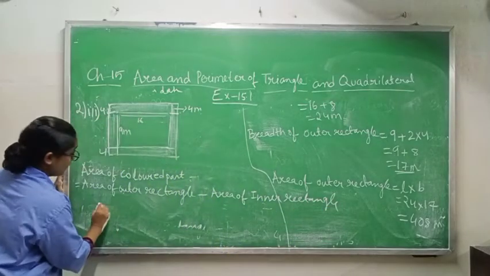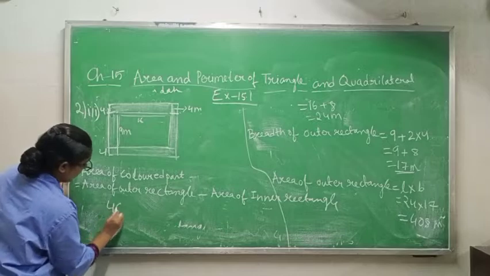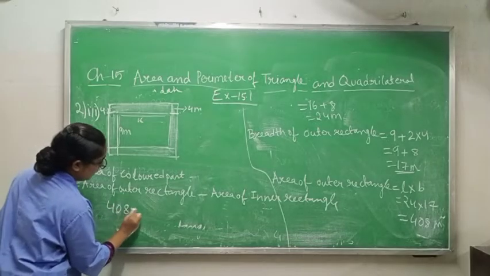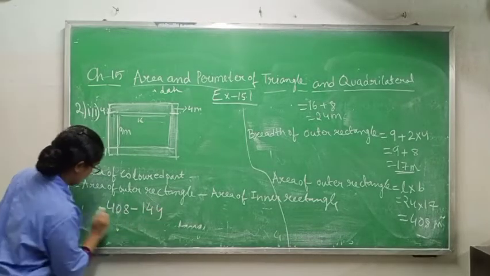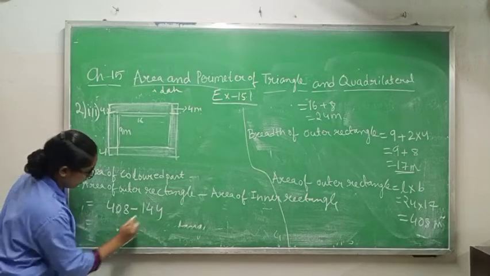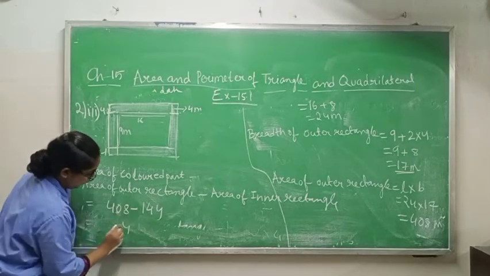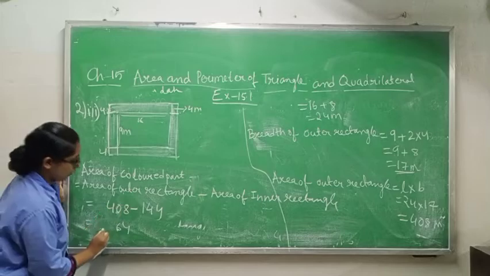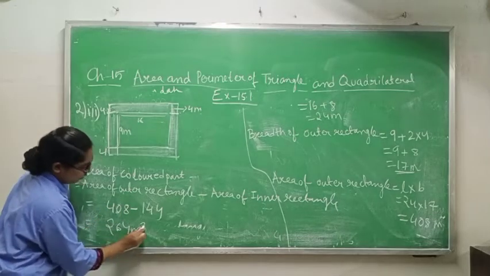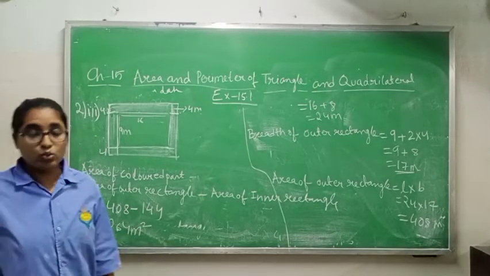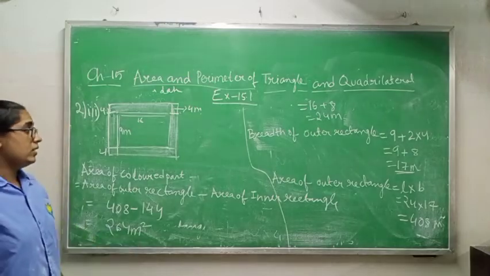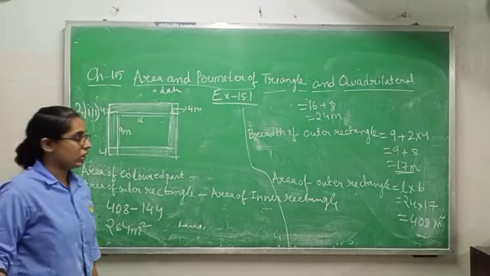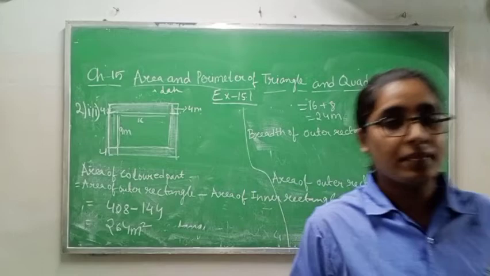Outer rectangle area is 408 and inner was 144. Now subtract this: 8 minus 4, 4; 10 minus 4, 6; 3 minus 1, 2. So this one is your answer. 264 meter square will be your answer. Okay, copy this one.